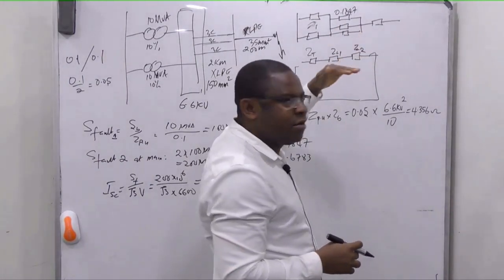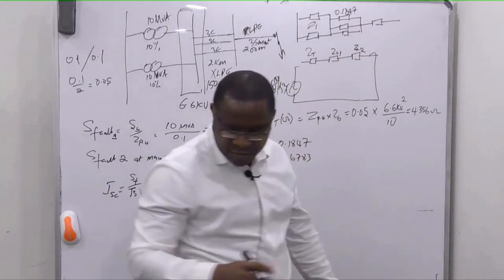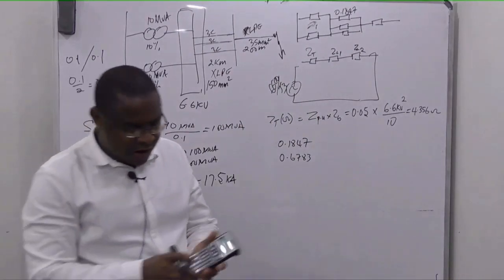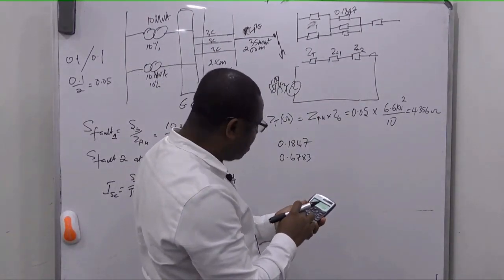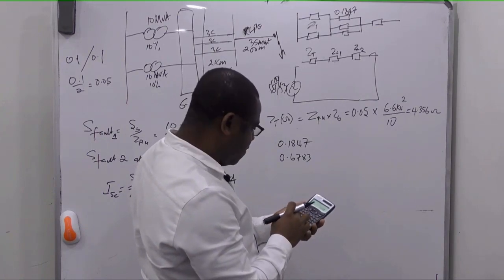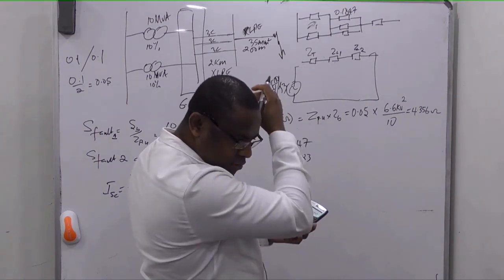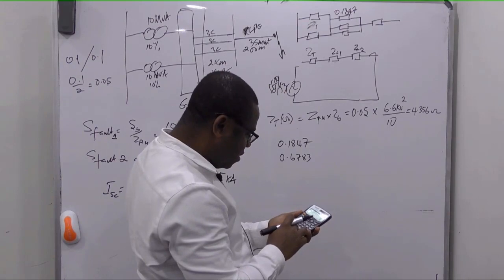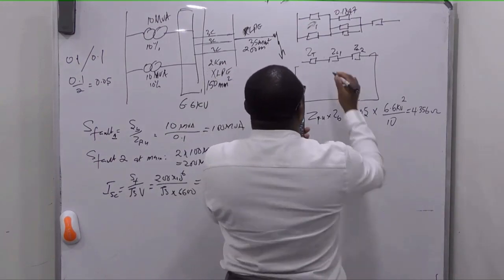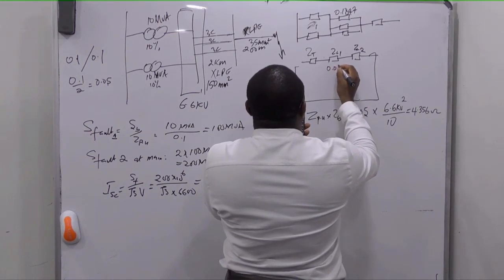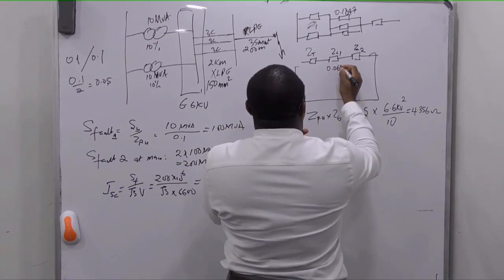There are 3 of them in parallel, right? So I divide 0.1847 by 3, and I get 0.062.